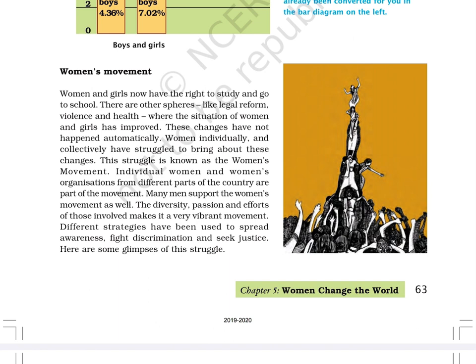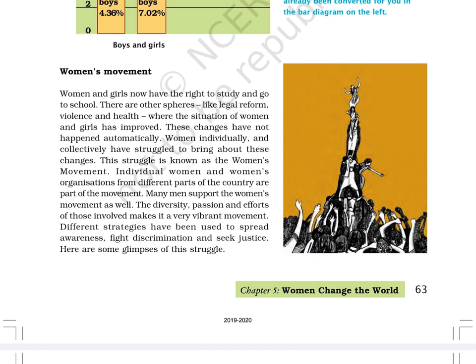Individual women and women's organizations from different parts of the country are part of the movement. Many men support the women's movement as well. The diversity, passion and efforts of those involved makes it a very vibrant movement.